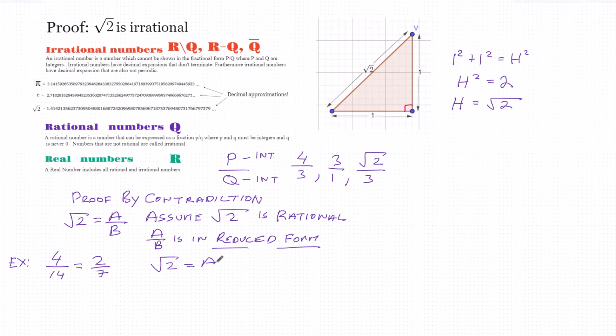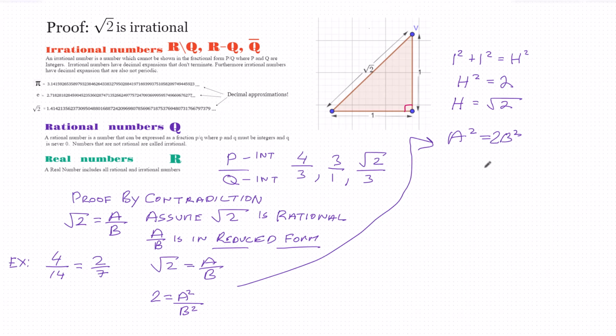Root 2 is equal to a over b. That means that 2 is equal to a squared over b squared, which means that a squared is equal to 2b squared.